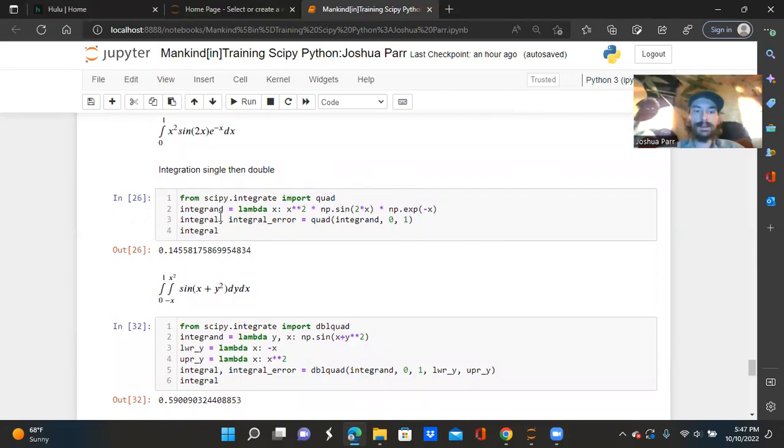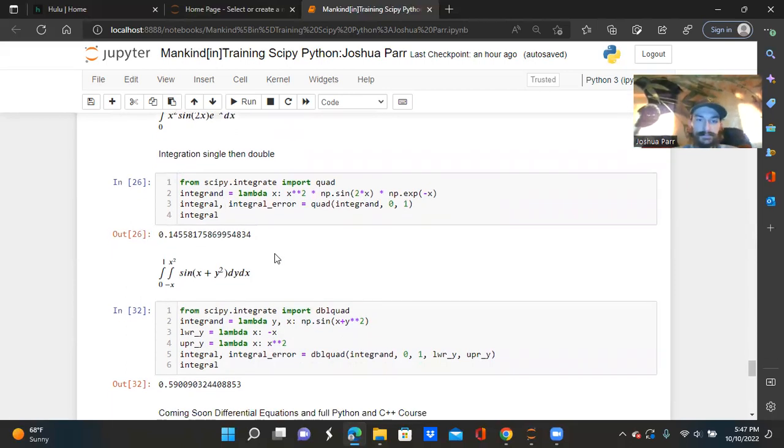I'm going to create an integrand with the lambda x squared times sine of 2 times x times the exponent of negative x, and integral, integral error I'm making equal to quad of the integrand, 0 and 1. And then when I call for the integral, it gives me the answer.